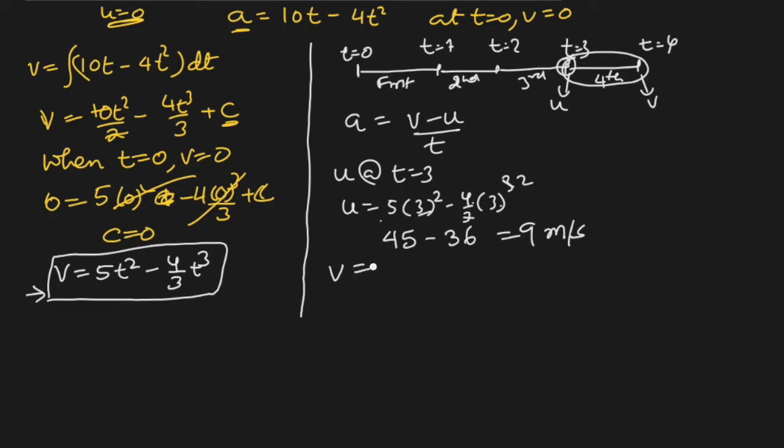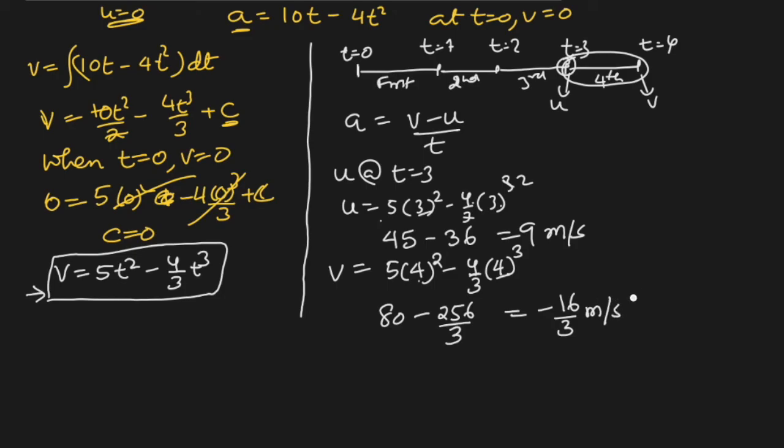Now v after 4th second will be 5 times 4 square minus 4 over 3 times 4 cube. So it will be how much? 4 square is 16 times 5, 80, minus 4 times 64, 256 divided by 3. So that comes minus 16 over 3 meters per second.